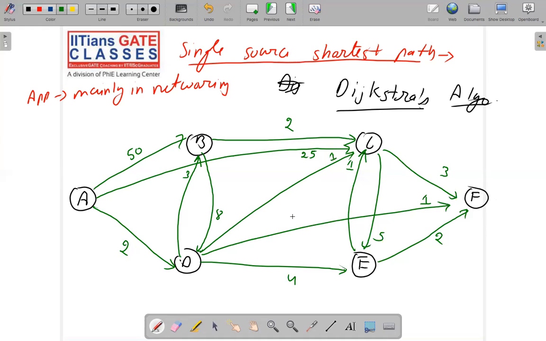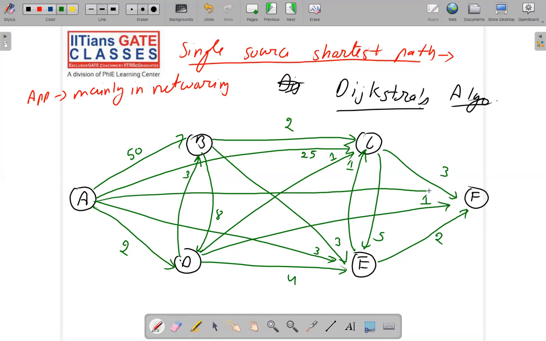Then B to E also, we have an edge, which will take 3. From A to E, we have an edge with 3 weight. A to F, we have an option with 10. I think these are the only edges.